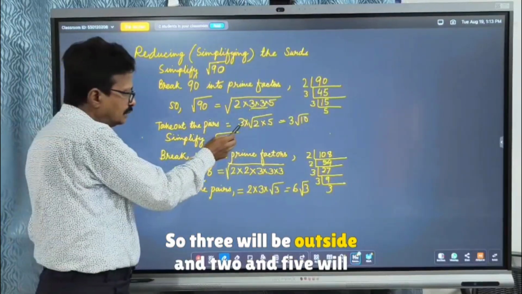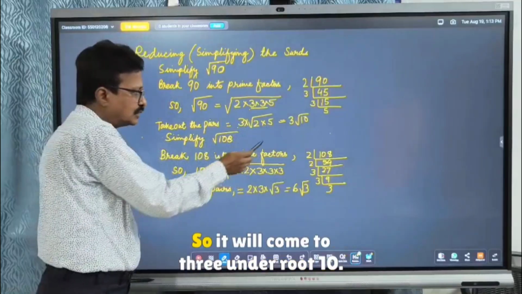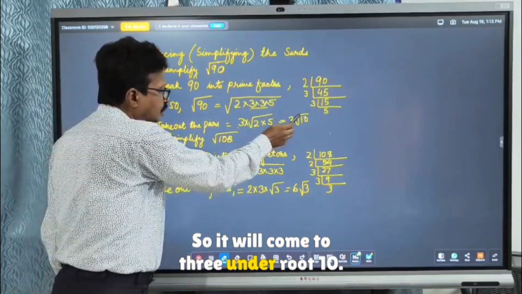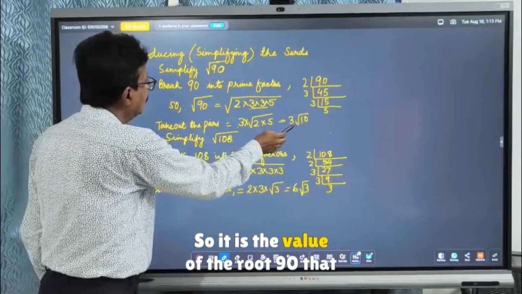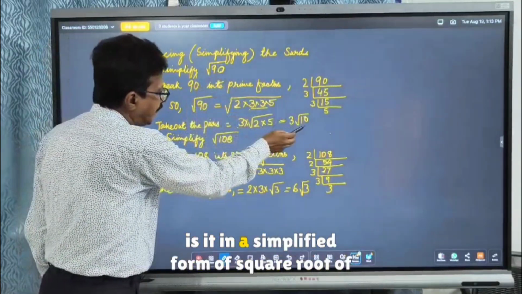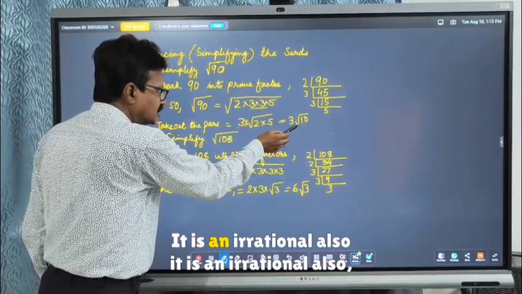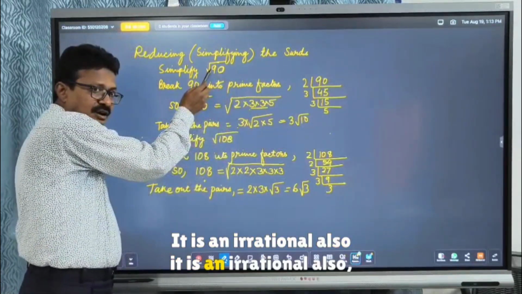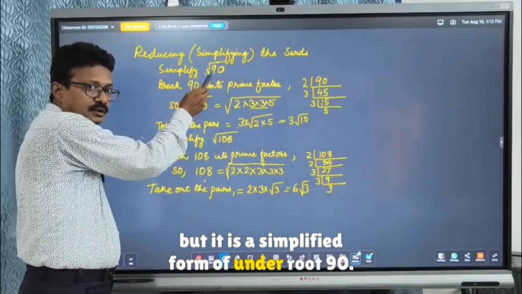So 3 will be outside and 2 and 5 will be under the square root. So it will come to 3 root 10. This is the value of root 90, the simplified form of the square root of 90. It is irrational also, but it is a simplified form of root 90.